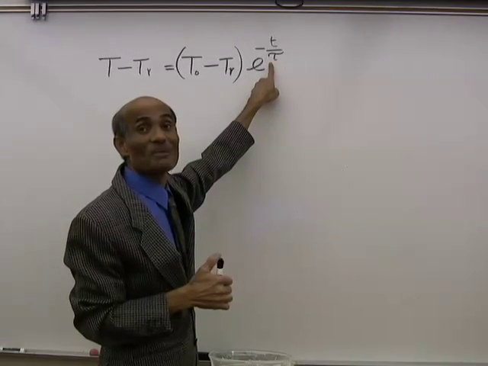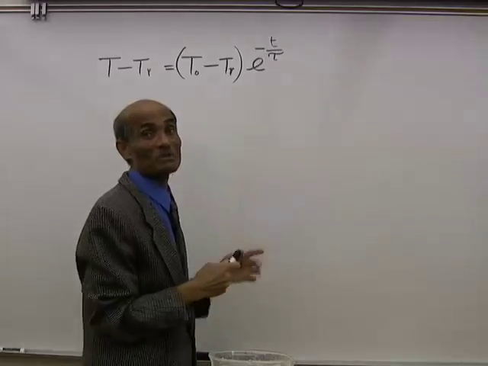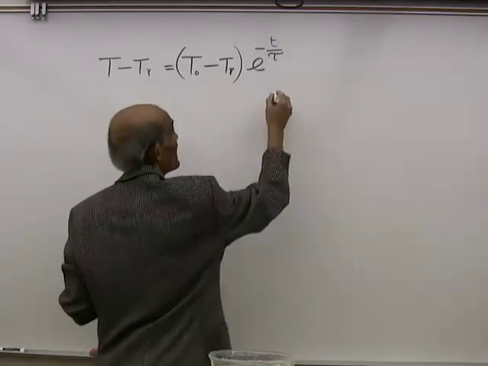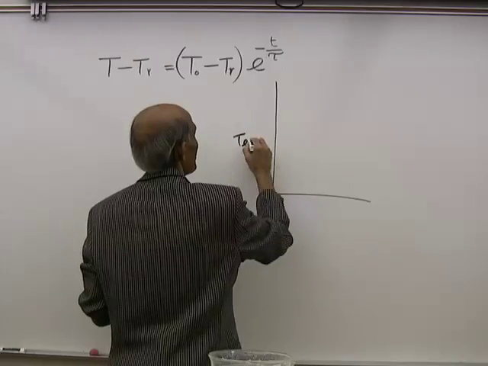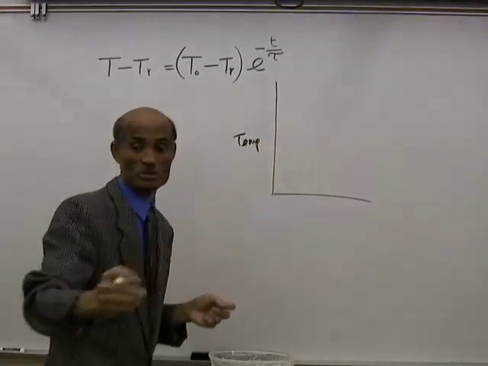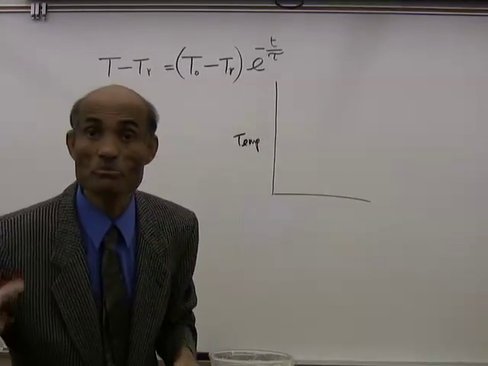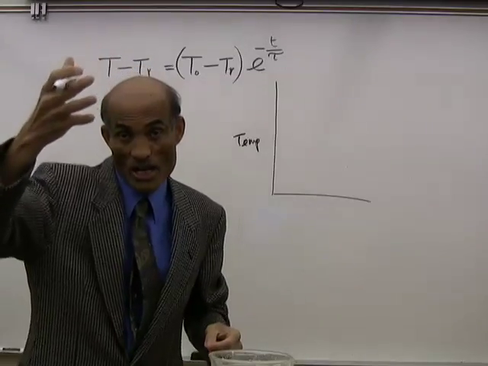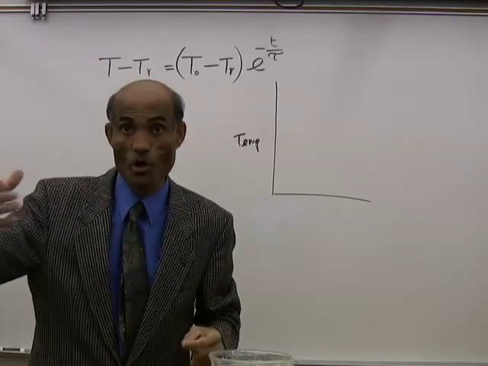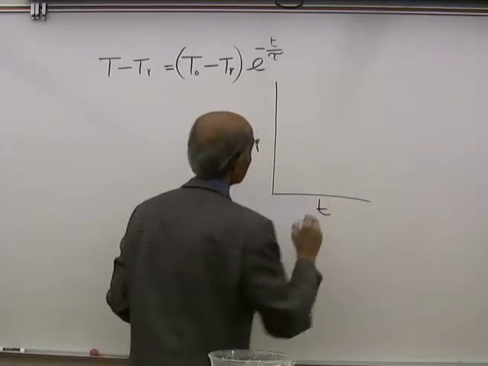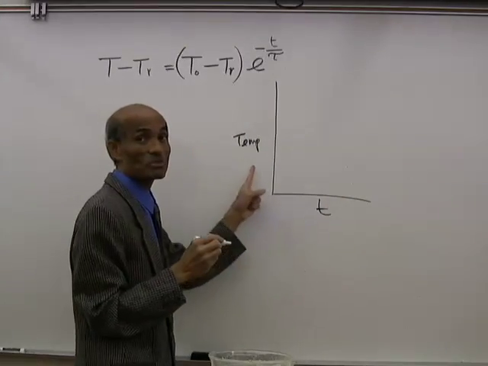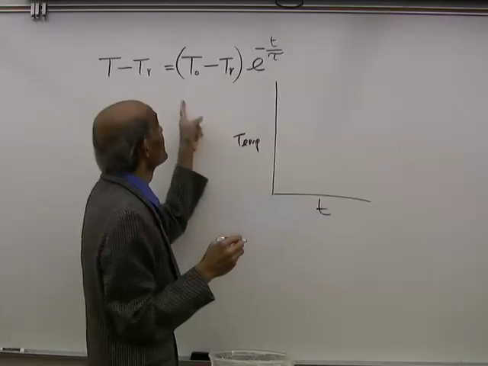Tau is the time constant. Now tell me, if I draw a graph of the temperature of the object, I heat an object to a high temperature and allow the temperature to fall. I measure the temperature and draw a graph of temperature against time.